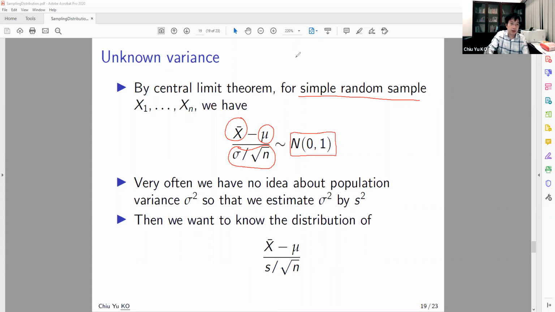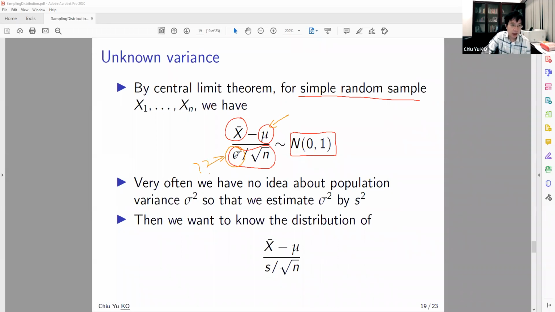But the question is, we may sometimes have good knowledge about the population mean, because from history of data we may have done some similar samples, so the mean is easy to estimate. But the population variance is sometimes very hard; we don't even have any idea.